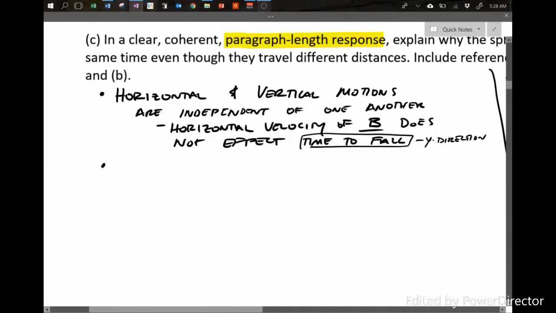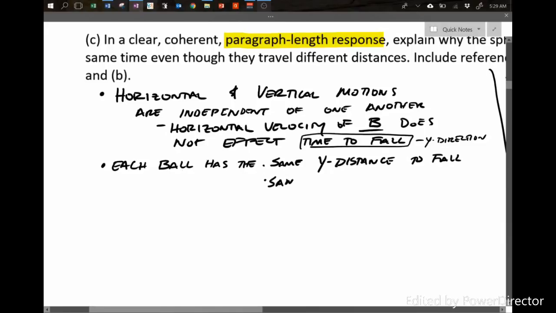So now we need to talk about how each ball does fall, right? Each ball has the same y distance to fall. Each ball has the same y acceleration as it falls.